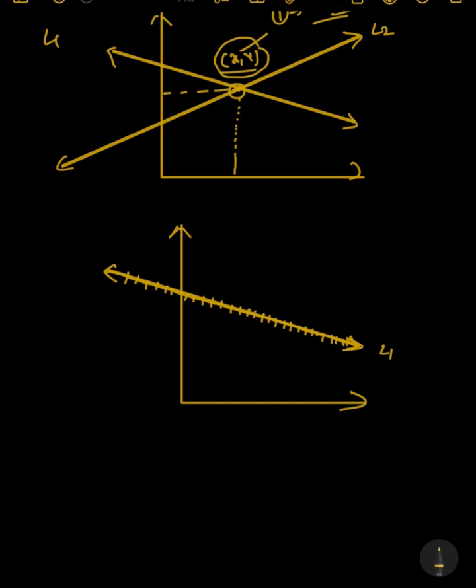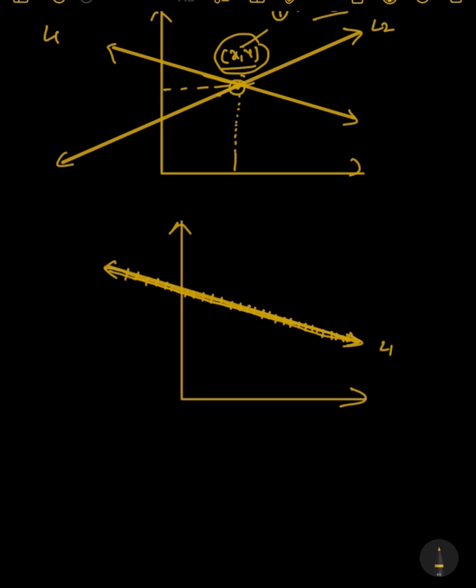In the earlier graph, one point was cutting each other, but when two lines overlap, there are multiple lines, or you can say infinite points which are common. So in this case we will get infinite solutions.